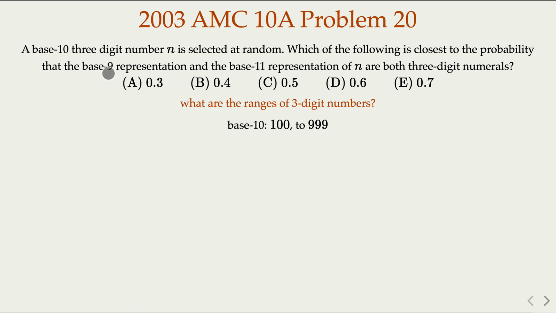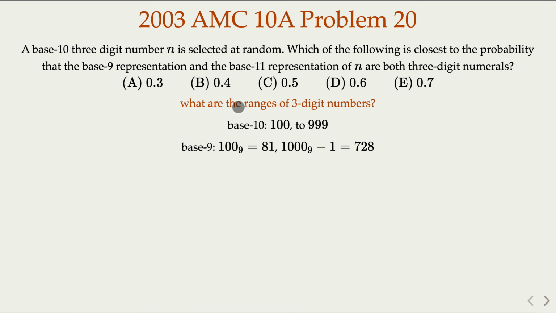How about in base 9? In base 9, it's going to be from 100 in base 9, which is equal to 81, up to 1000, the smallest 4-digit number, minus 1, which is the biggest 3-digit number in base 9. That happens to equal 728.